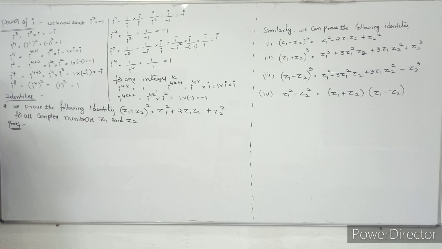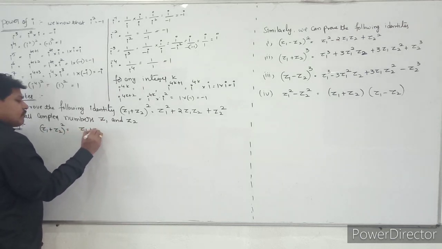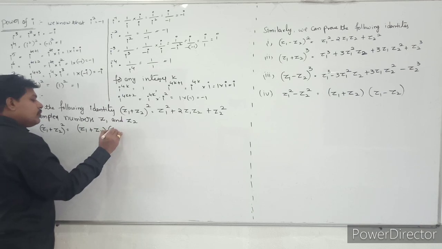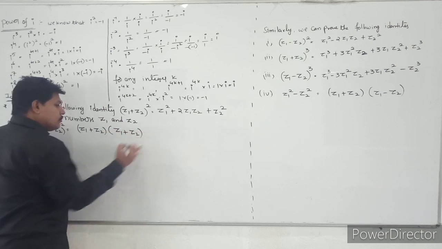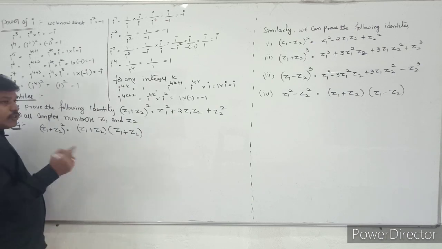See that one. I need z1 plus z2 whole square. What is the meaning of z1 plus z2 whole square? It is nothing but z1 plus z2 into z1 plus z2, yes or no? So what I will do is use the distributive law. In the previous one we have given the distributive law.